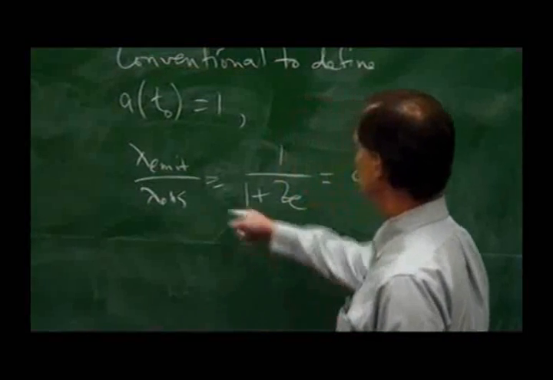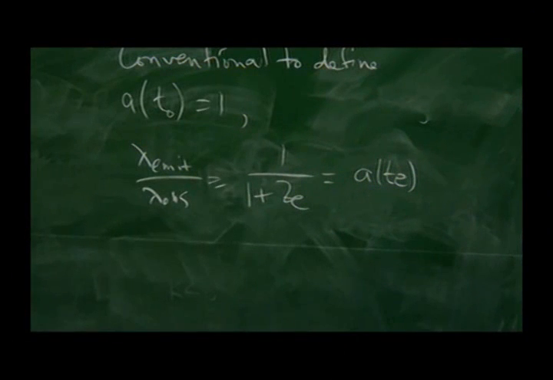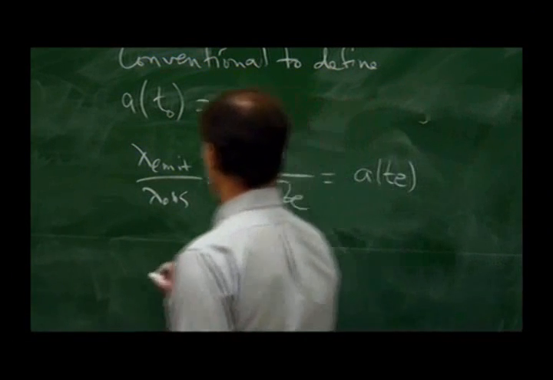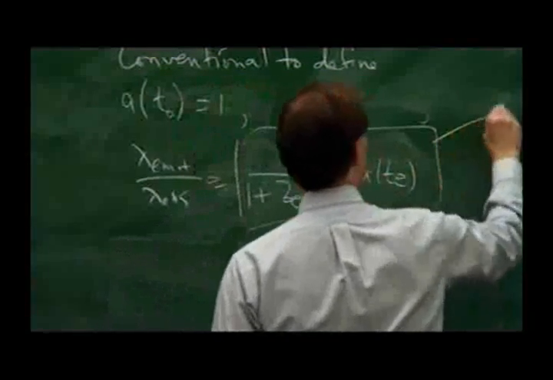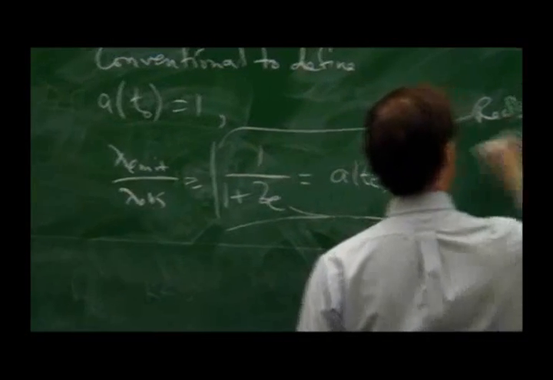So lambda observed is greater than lambda emitted by a factor 1 plus z. Z sub e is called the redshift, and this equation here is called the redshift time relation.